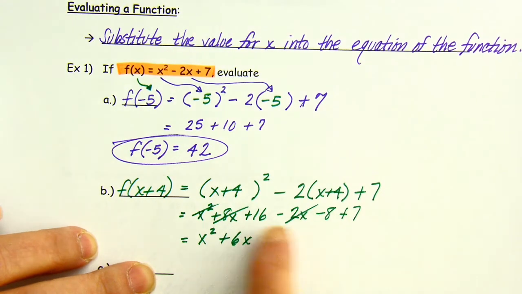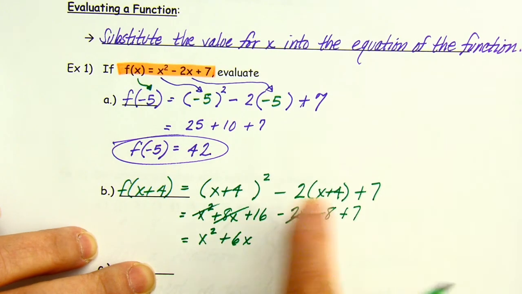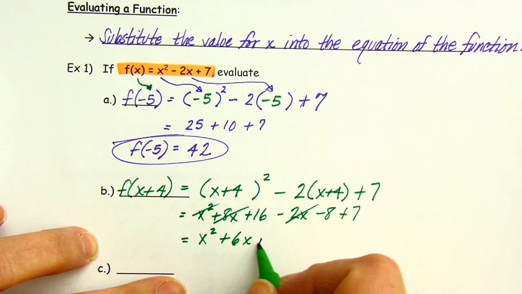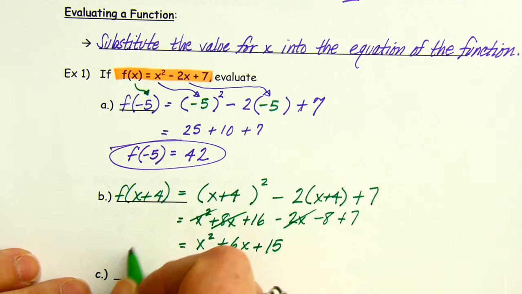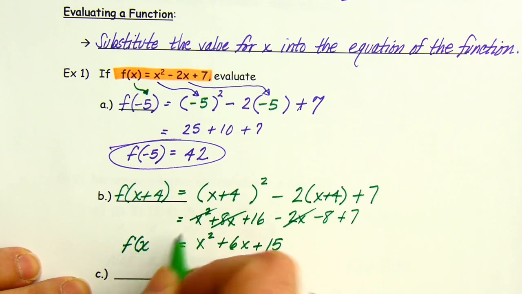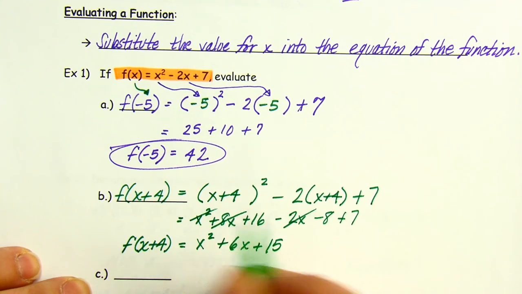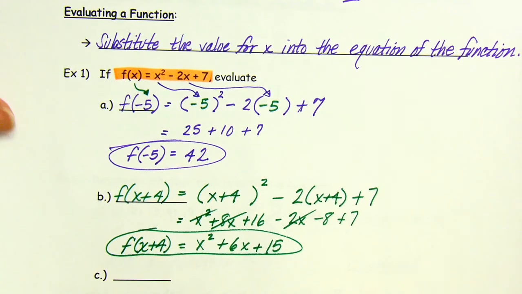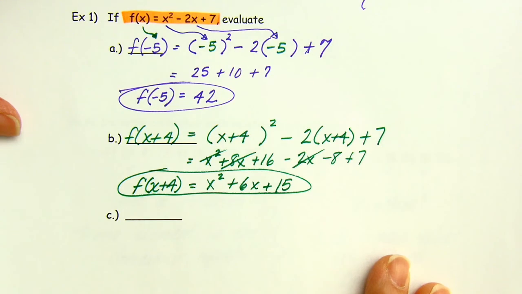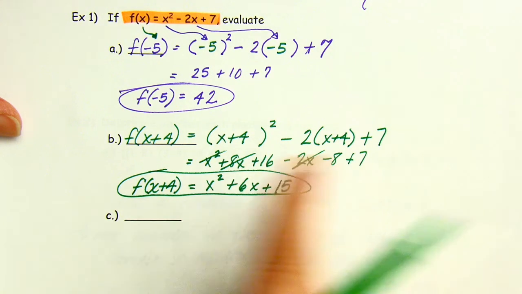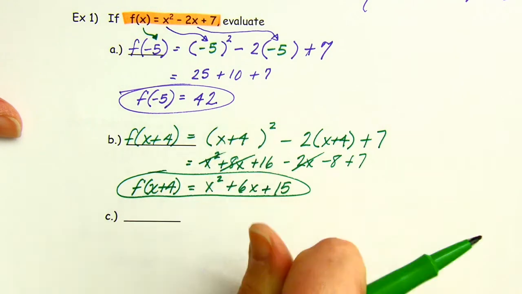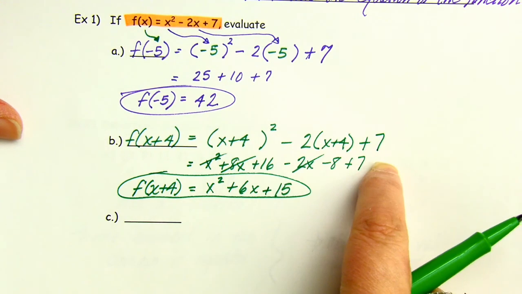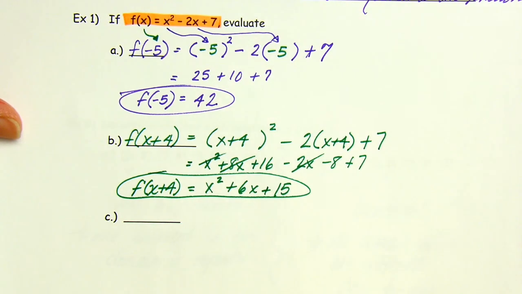And then constants: 16 subtract 8 is 8 plus 7 is 15. So, on this parabola, f of x plus 4 gives us that output. Okay, so again, all I did from here was square this out and distribute to get this, and then combine like terms to get that.